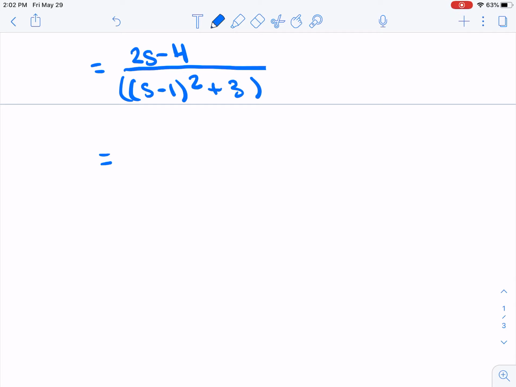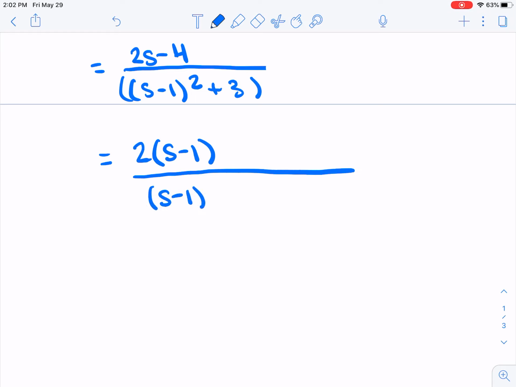For that, we have the s minus 1 quantity squared, so we're going to need an s minus 1 in the numerator. Let's say 2 times s minus 1. We're going to force it to fit what we want it to look like.